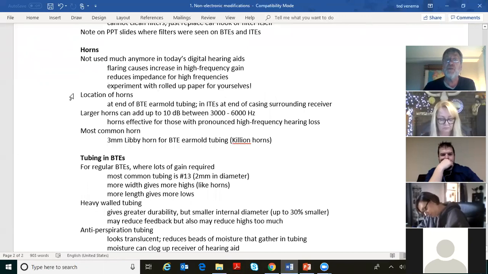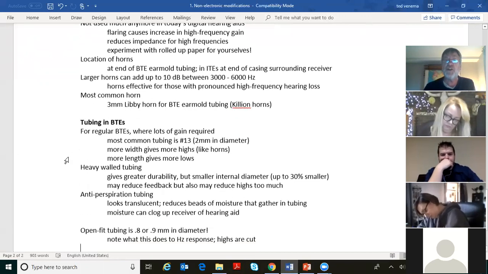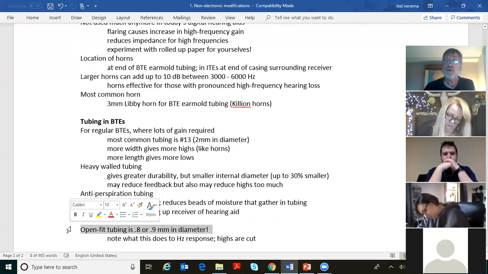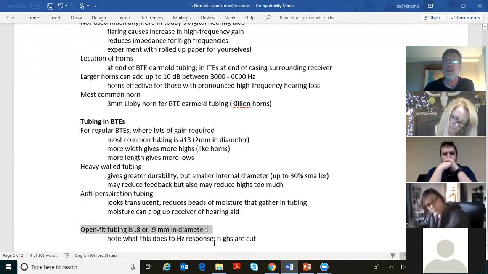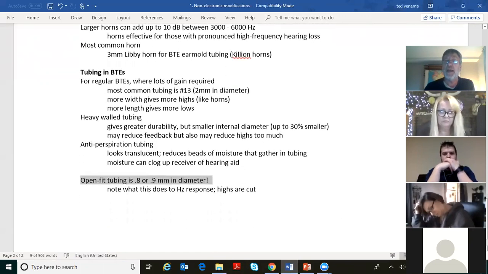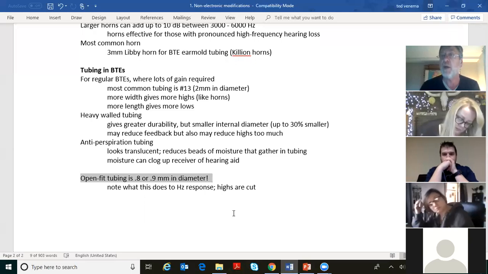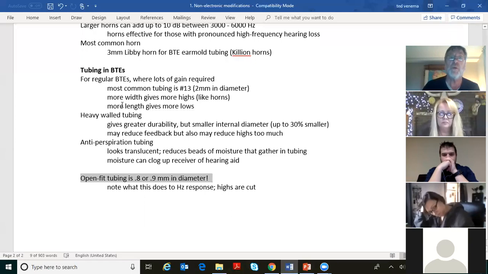The thing I mentioned them for is remember the narrowing of old tubing and high power BTEs. Tubing and BTEs, remember number 13 tubing has a 2 millimeter diameter. Open fit tubing, 0.8 to 0.9 millimeters diameter. And essentially today's RIC hearing aids, all of that is academically moot because the receiver is in the canal anyway, and sound ain't going through any tube.